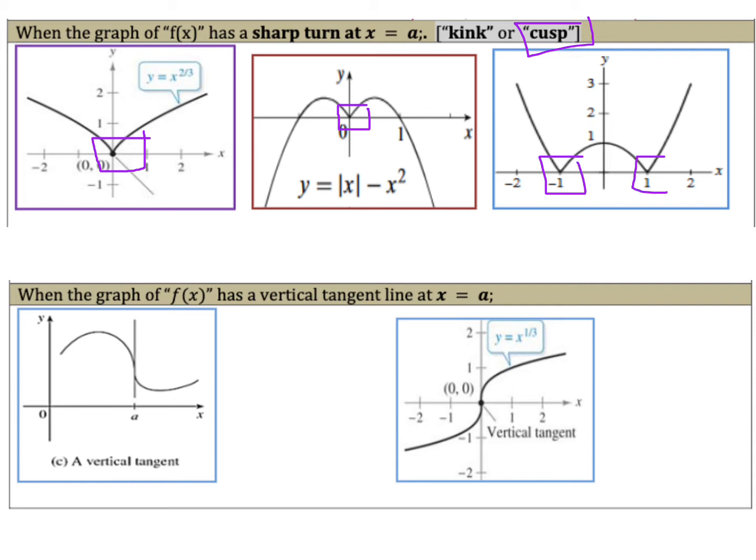So these three graphs, all of them are continuous, but unfortunately they are not differentiable. Why are they not differentiable? Because they have sharp points or sharp turns or cusps. So this is not differentiable.